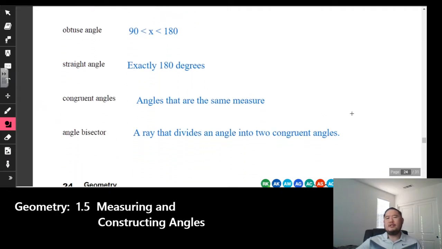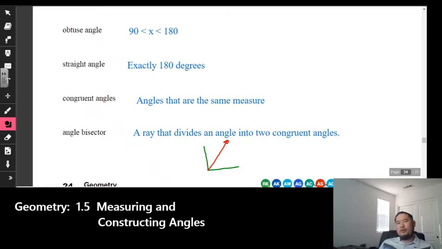Congruent angles, just like congruent sides, which have the same side length, congruent angles are angles that have the same measure. Okay. And then an angle bisector is a ray that will divide an angle into two congruent parts. So that's my angle. This would be my ray.